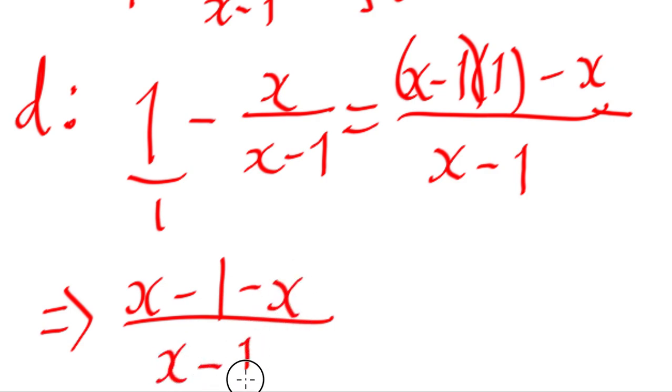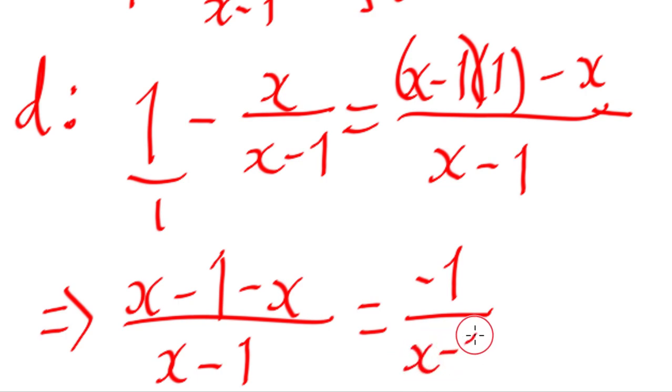So what is x minus 1 minus x? You can see that x minus x is going to give us 0. So this can be simplified as negative 1 all over x minus 1.